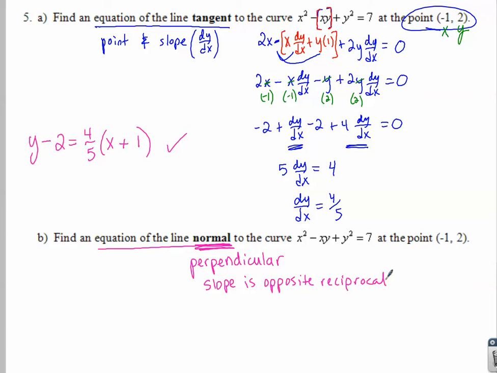Well, notice it's the same curve, same point. The slope we got before was 4/5. Opposite reciprocal to that, -5/4. So same point, new slope, slightly different equation. y minus the y-coordinate 2 equals -5/4 times x minus a negative, or plus 1.